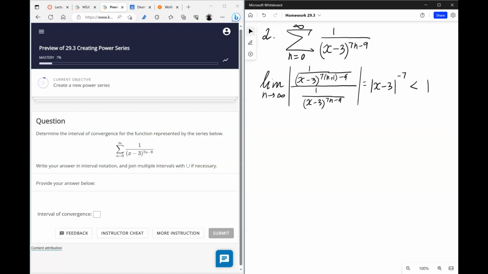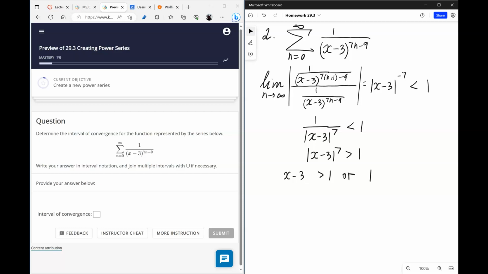So when 1 over x minus 3 to the power 7 is less than 1, that means x minus 3 to the power 7 has to be greater than 1, or I guess we're now getting rid of the absolute values.